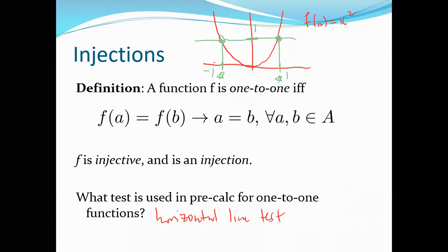So passing the horizontal line test means any horizontal line had better only hit the graph in one place. If the horizontal line ever hits the graph in more than one place, you know that you have multiple inputs going to the same output. Once again, if you ever have the horizontal line crossing your graph multiple times, that means multiple inputs went to the same output. Yeah?